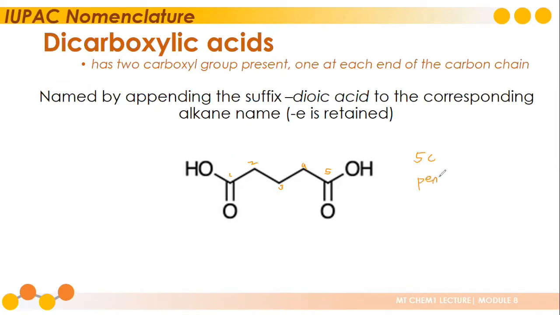This is pentane. Now, since the E is retained, you just need to add the suffix dioic acid. So this will now be pentanedioic acid. That's simple. All you need to do is add the suffix dioic acid to your alkane name.